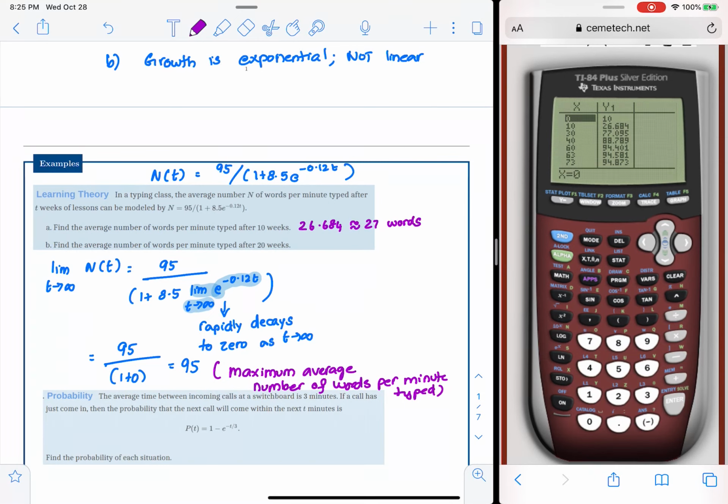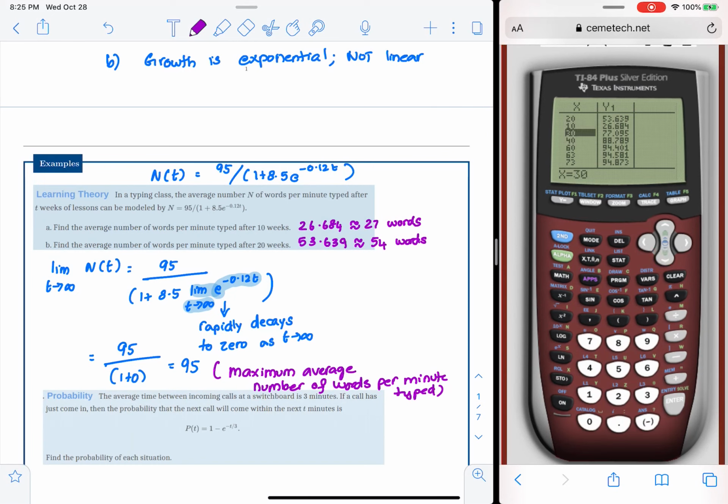And let's just plug in 20 here. If we spend 20 weeks, we would have 53.6, so approximately 54 words. If we spend 30, we would have 77 words.